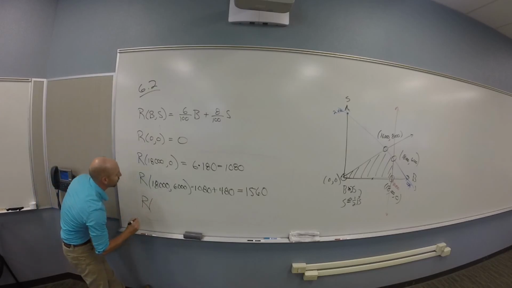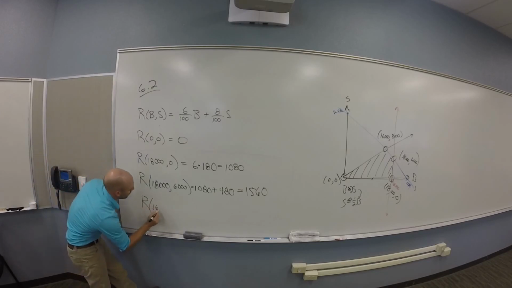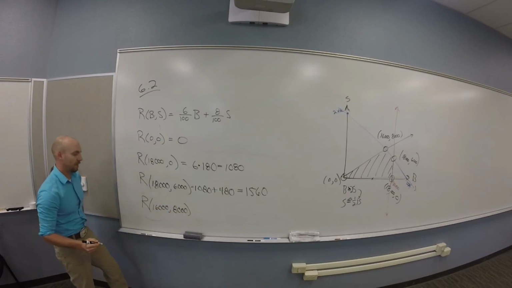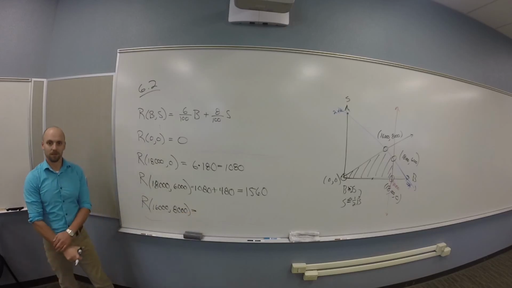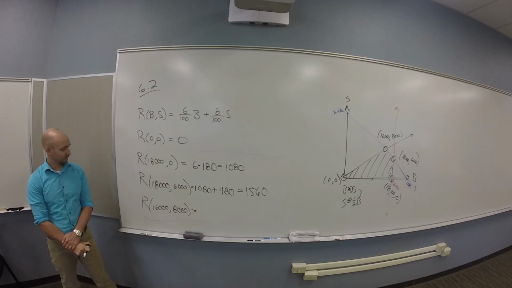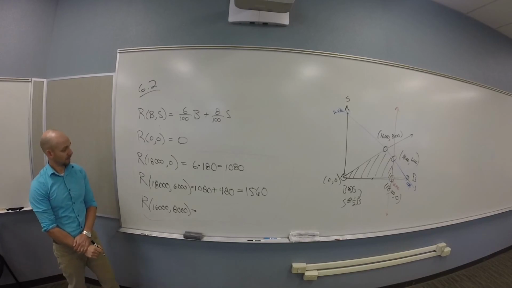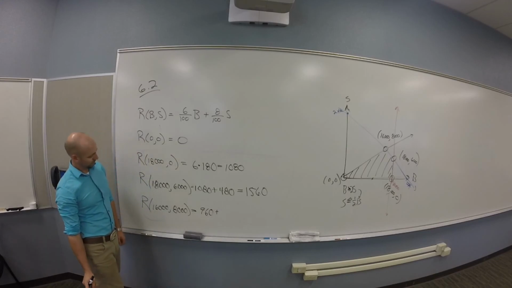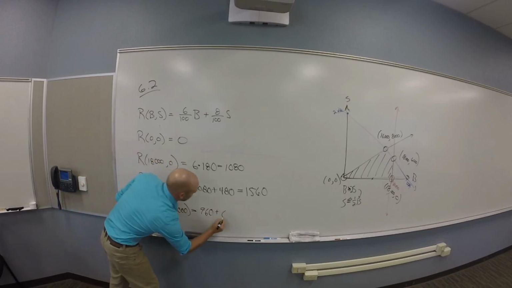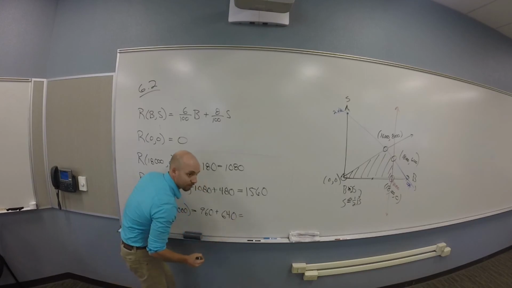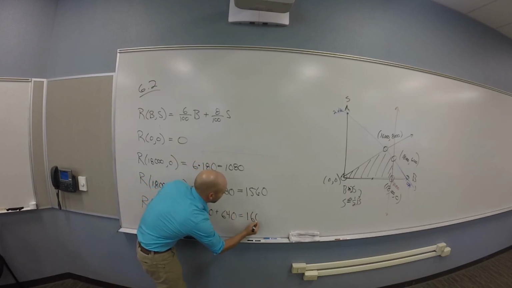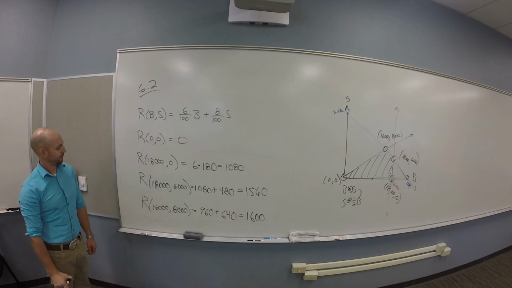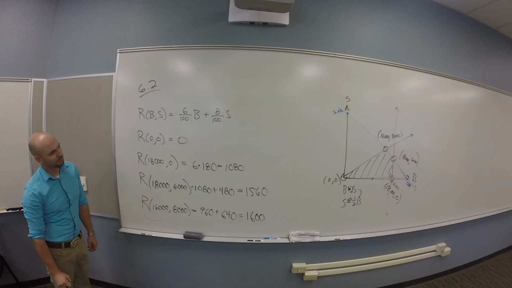And how about the return on 16,000, comma 8,000? Plus something, for a total of 1,600. Ah, cool. Wasn't the one I expected. Oh, yeah, that makes sense.